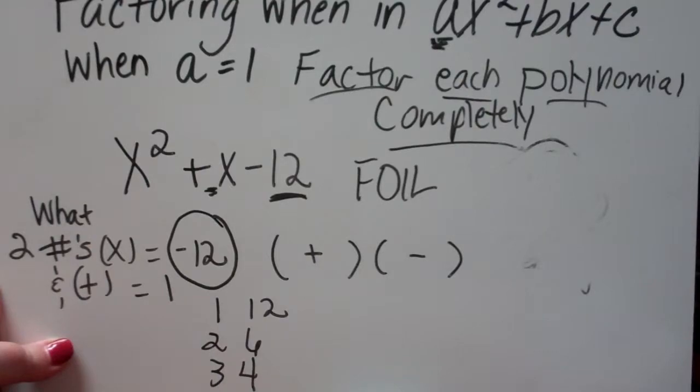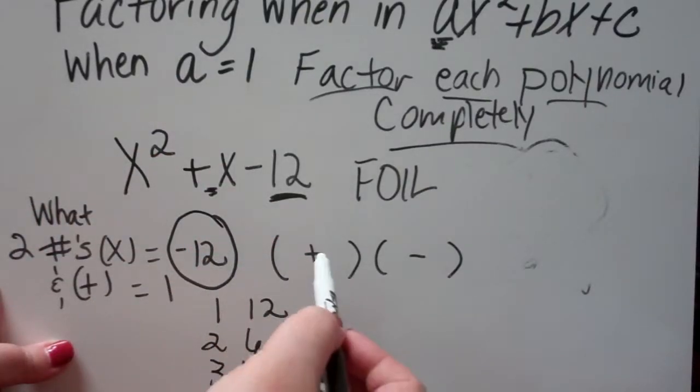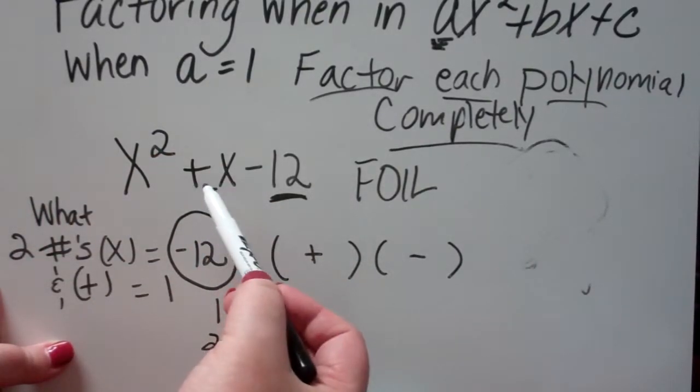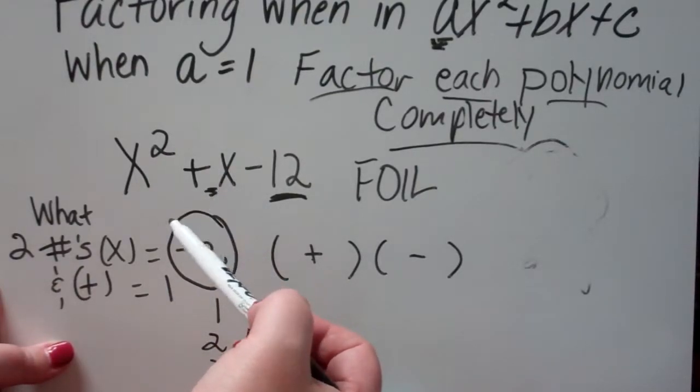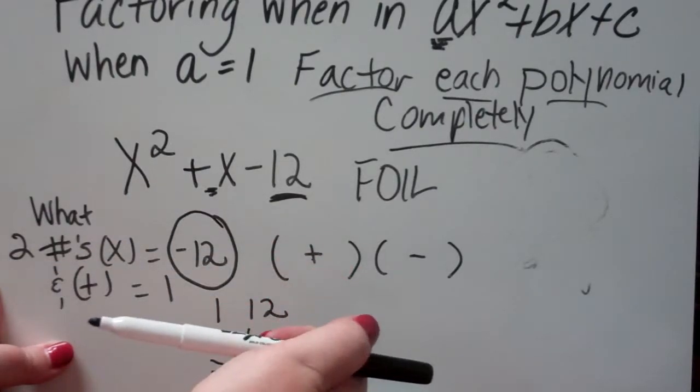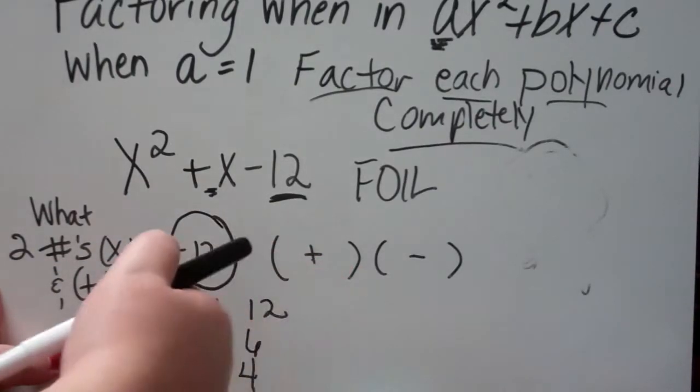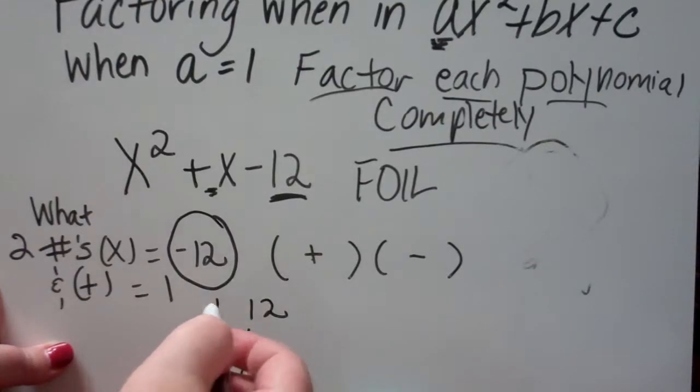Now, let's think about the adding part. We know one of our numbers is going to have to be positive and one of them is going to have to be negative. When we add them, we're going to get positive 1. That means the bigger number is going to have to be positive. You may already see it.